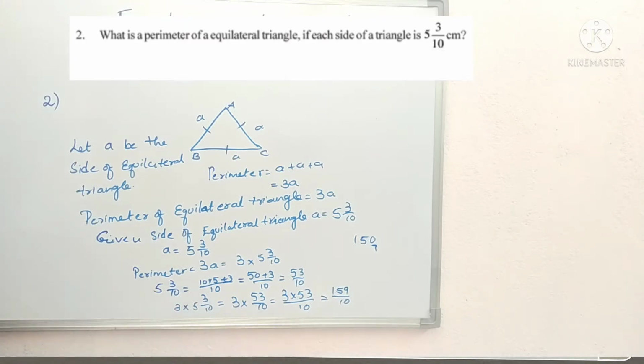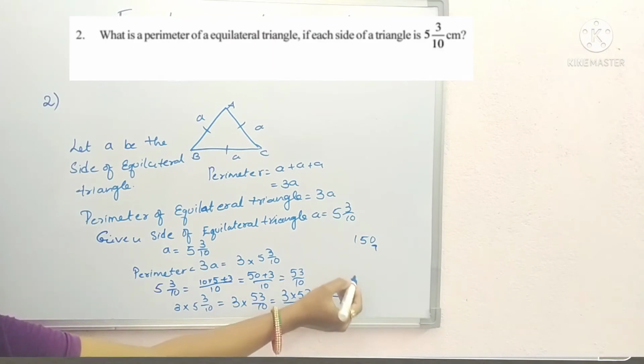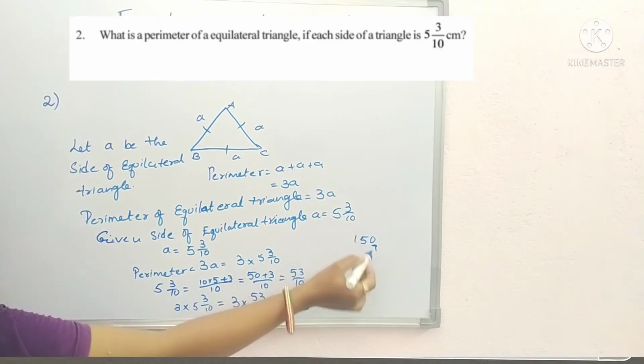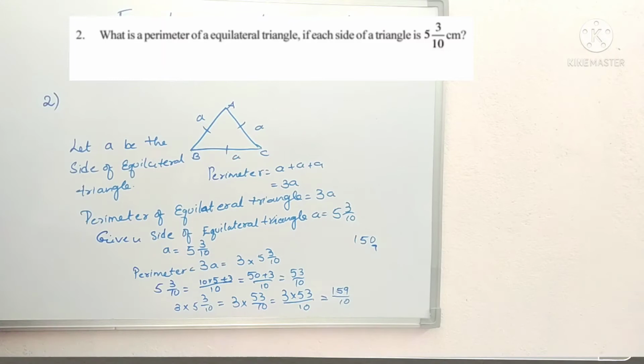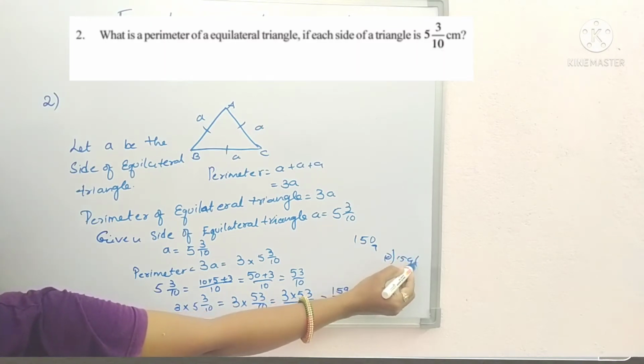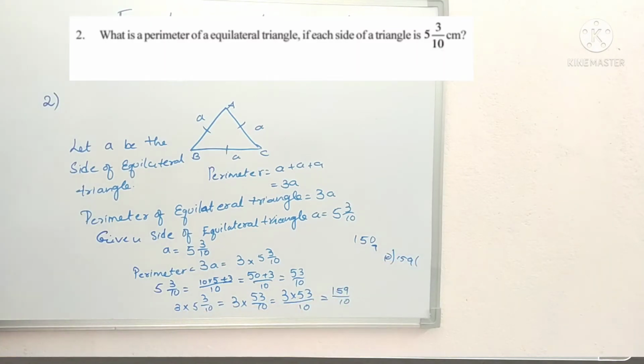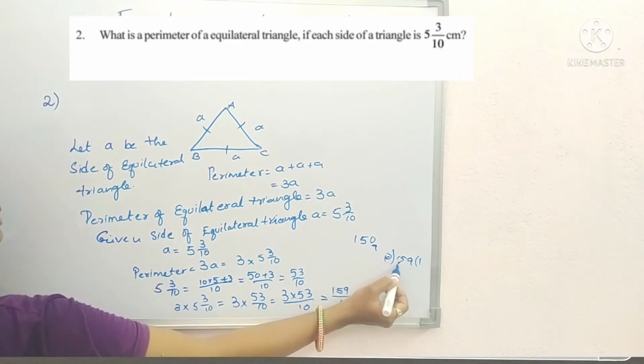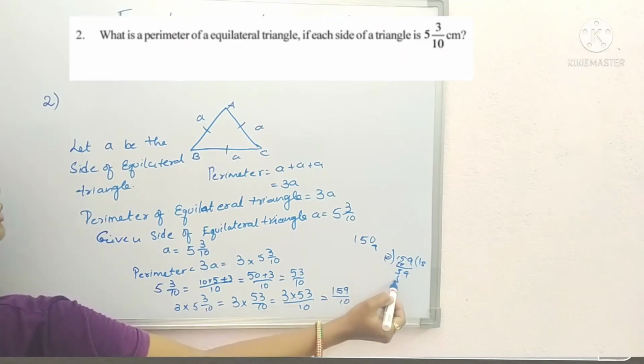So what is the perimeter here? 159 by 10. Or otherwise, you can write it as a mixed fraction also. We have to divide 159 by 10. So first 10 ones are 10. Next 10 fives are 50.